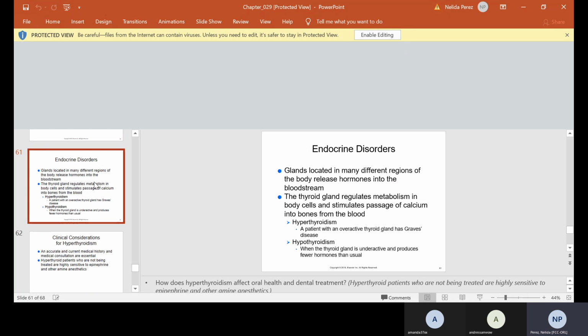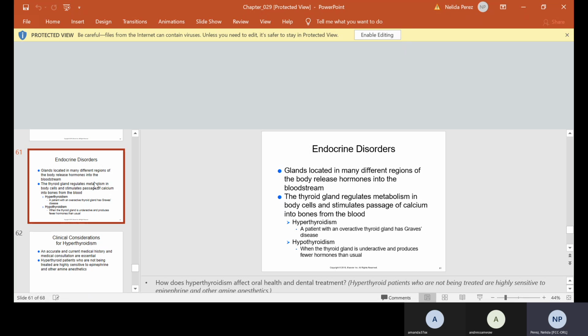Endocrine disorders. Glands located in many different regions of the body release hormones into the bloodstream. The thyroid gland regulates metabolism in body cells and stimulates passage of calcium into bones from the blood. Hyperthyroidism, a patient with an overactive thyroid gland has Graves' disease.